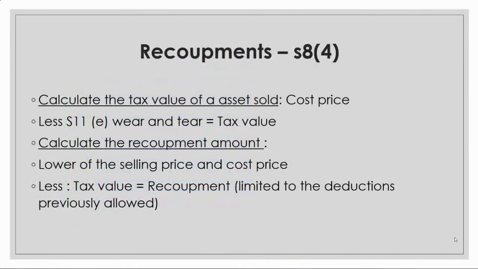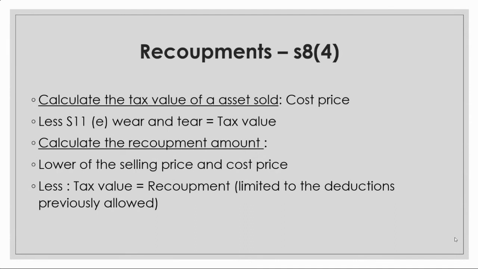Okay, so let's quickly discuss or just remind you how to do a recoupment. Now, this they love to ask in the test because it is generally about 3 or 4 marks that we apply by testing one simple concept. Now, what you need to remember is for recoupments, we are essentially comparing the proceeds, so whatever we sell that asset for, to what the tax value is at that specific date.